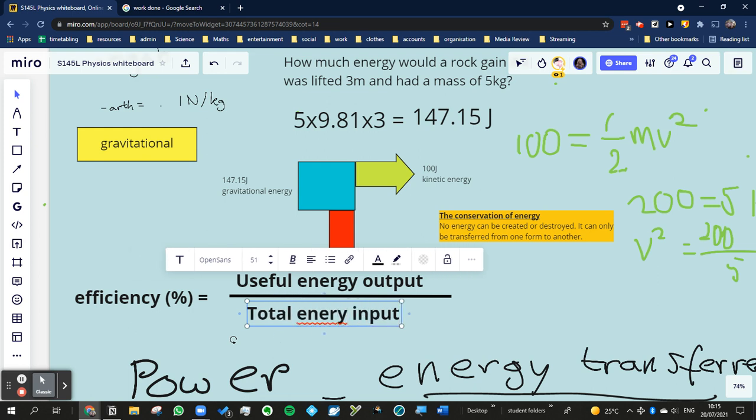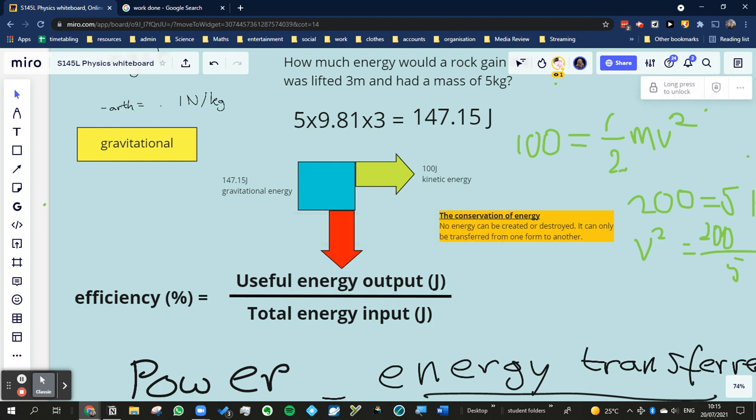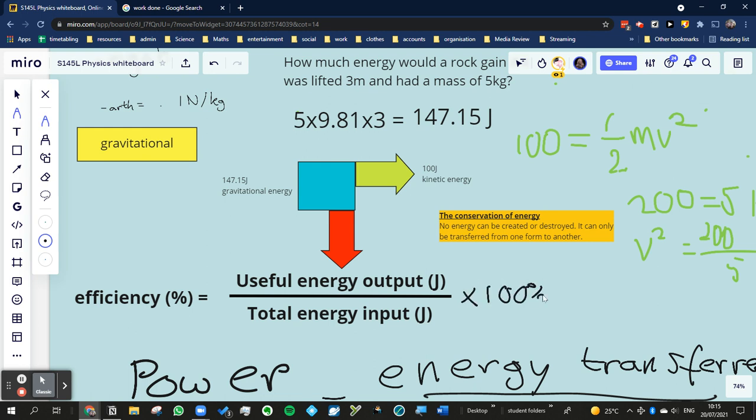You can see why it would have no units, because it's going to be joules at the bottom and joules at the top, so the joules will cancel out. And then to turn it into a percentage, we need to multiply it by 100%.